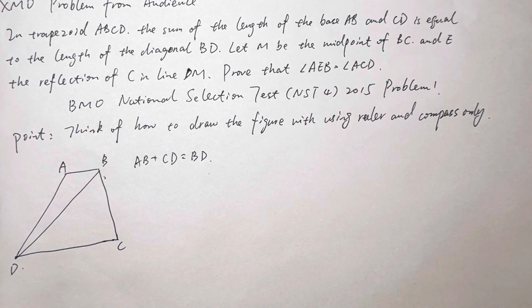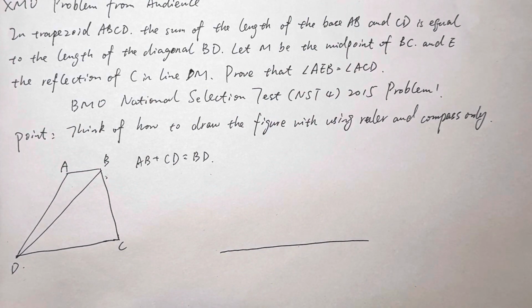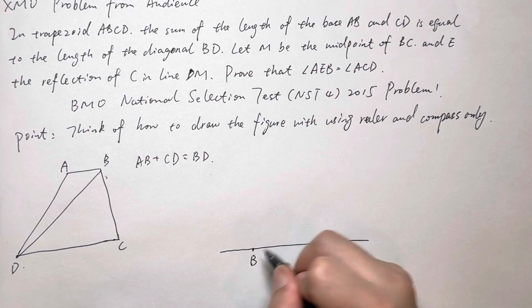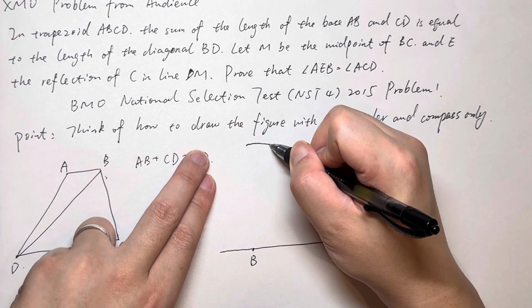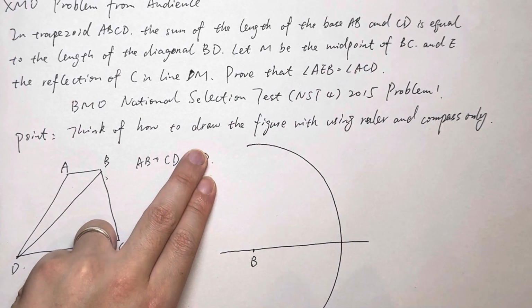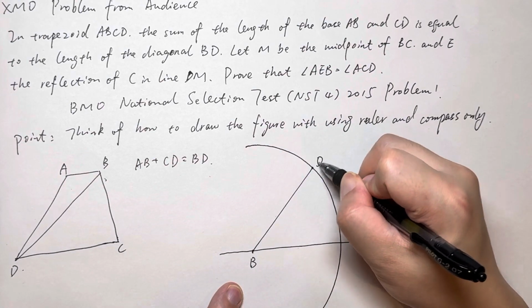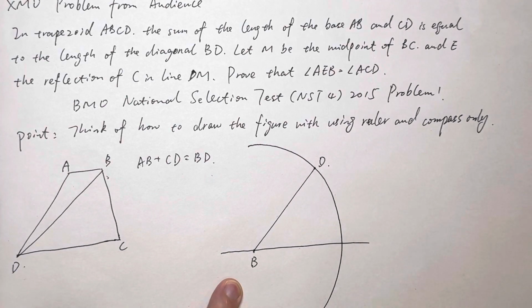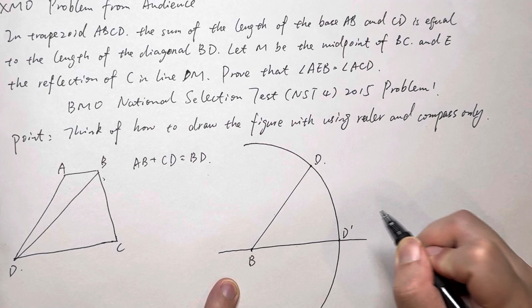Then you can think of how we can draw a trapezoid satisfying this problem setup. The answer is that if we just draw a straight line here and find point B here, we can draw a circle centered at B with arbitrary radius. And we know that this can be our diagonal BD, which means from B to here, let's call it D prime.